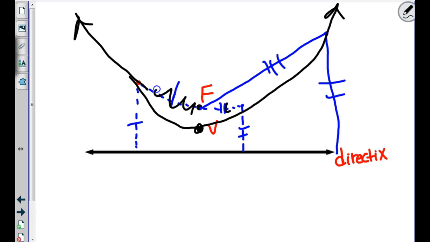If you erase all this gobbledygook, the focus is somewhere inside the curvature, okay? And the directrix is a line that the parabola bends away from. So this one would be called facing up, or when you get to calculus, it's called concave up. Everybody remember that word? Inside of that concavity is the focus, and the directrix is a line outside of there from which it bends away.